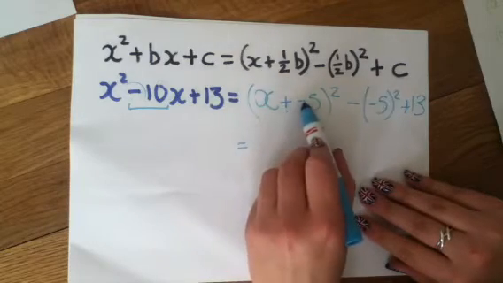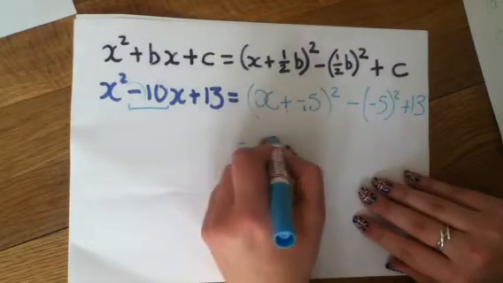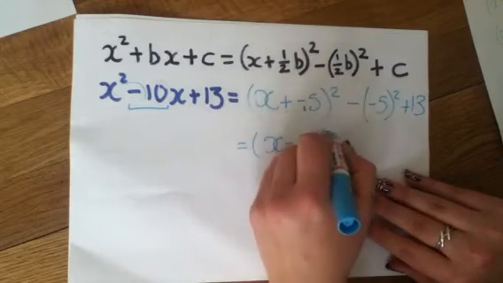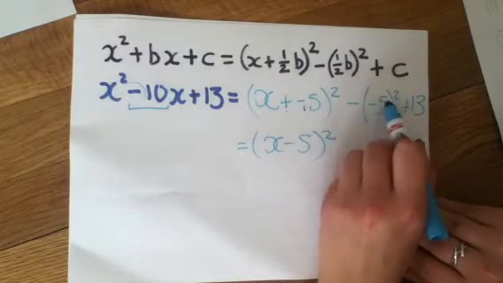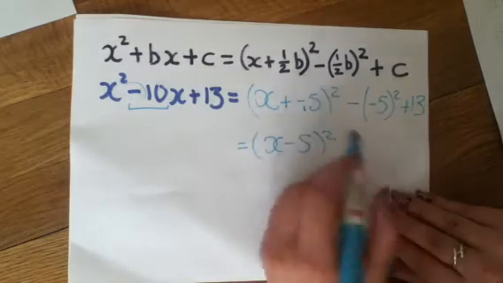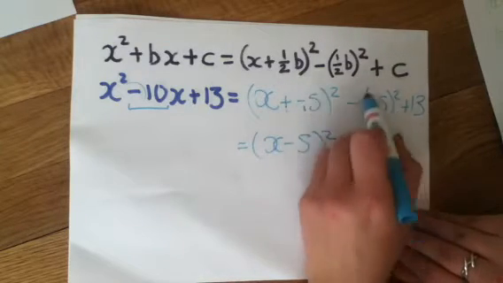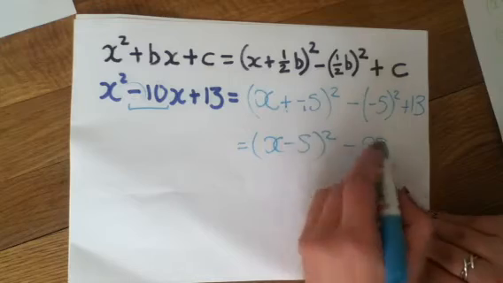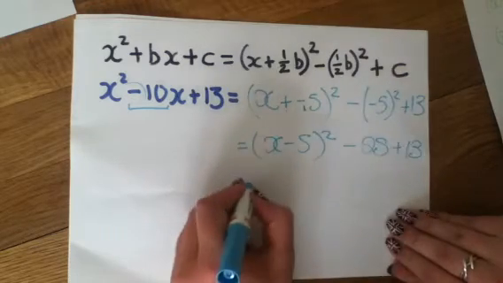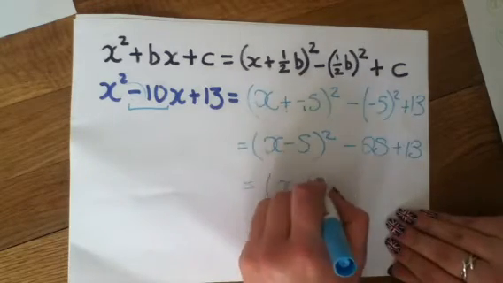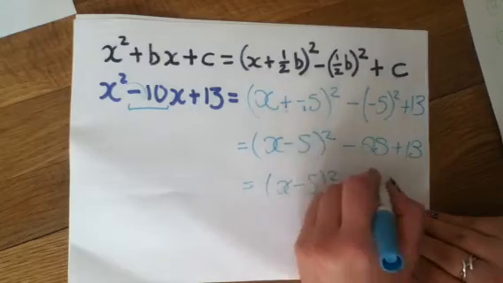And here we've got a plus and a minus, and that becomes a minus, so x minus 5 squared. Minus 5 times minus 5 is plus 25, that's minus 25, because this plus here becomes a minus with that one, plus 13. And this is x minus 5 all squared minus 12.